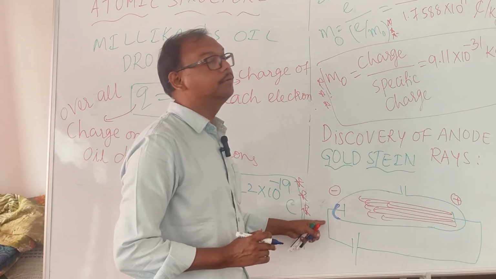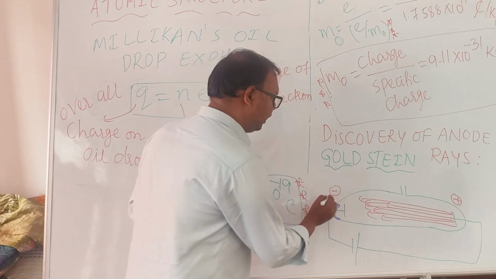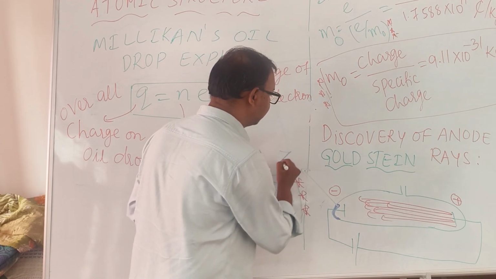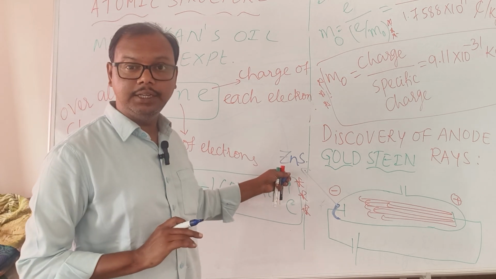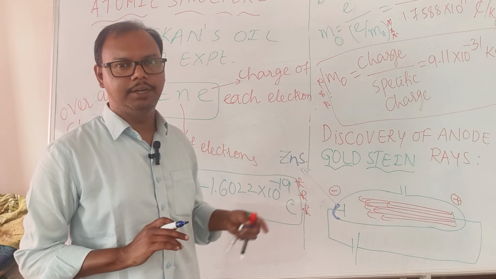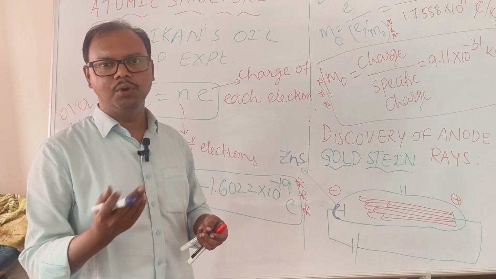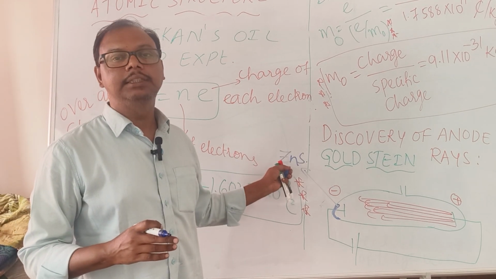Because those are invisible, but here you can observe them if you take a material called zinc sulfide. Zinc sulfide is a fluorescent or phosphorescent material. Any similar material, either fluorescent or phosphorescent, can be considered.